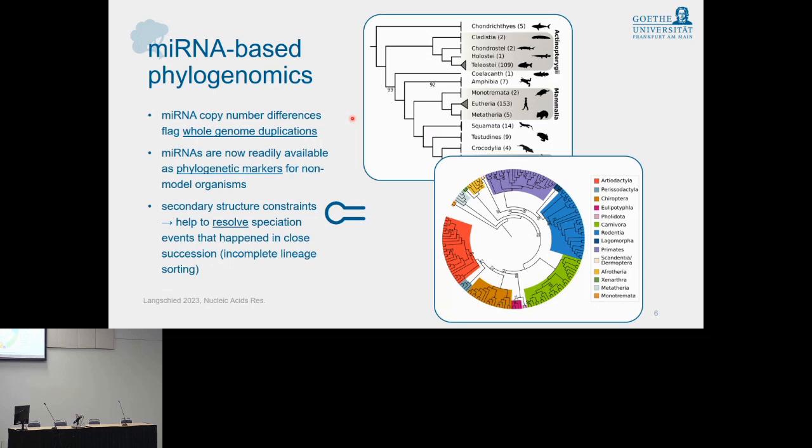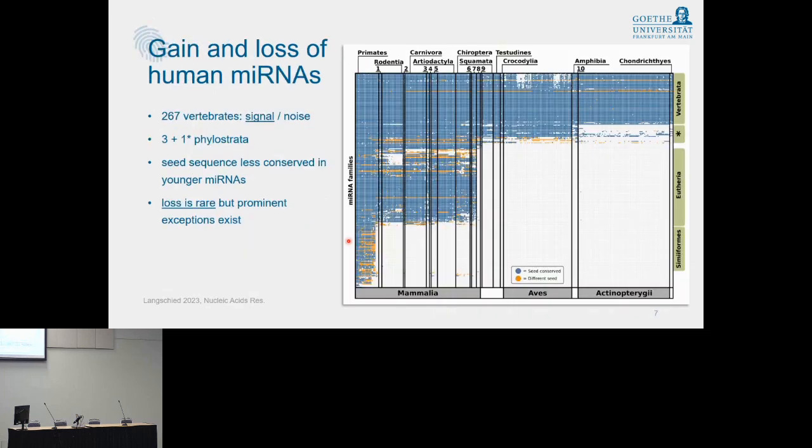The reason you might want to use microRNAs as phylogenetic markers is that we find evidence that this secondary structure, this hairpin, gives additional constraints to the sequence that help to resolve speciation events in quick succession. The keyword here is incomplete lineage sorting. So if that's something you're faced with, microRNAs might be a good way to go.